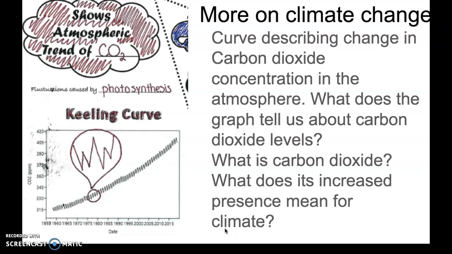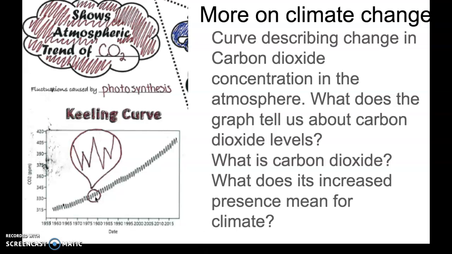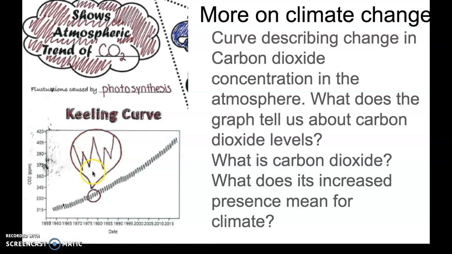Again, this Keeling curve shows an atmospheric trend of carbon dioxide. If you look really closely, microscopically, or with a little magnifying glass, there it is. If you look at this graph with a magnifying glass, you're going to see these little peaks and valleys. Predict maybe what causes those valleys. What you would see is that those valleys are caused by a fluctuation in photosynthesis.